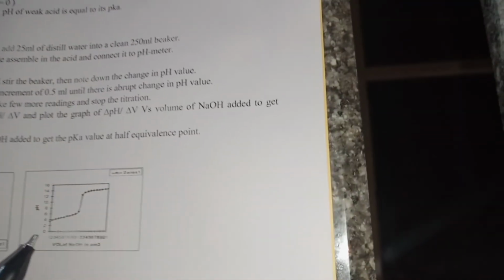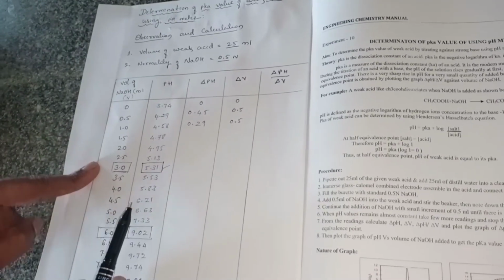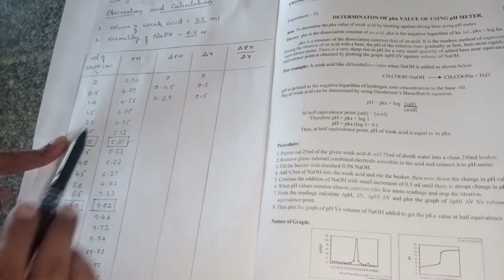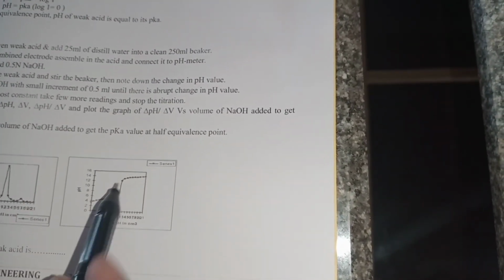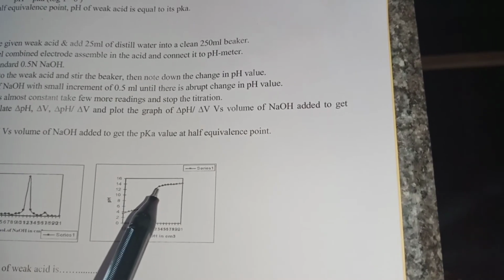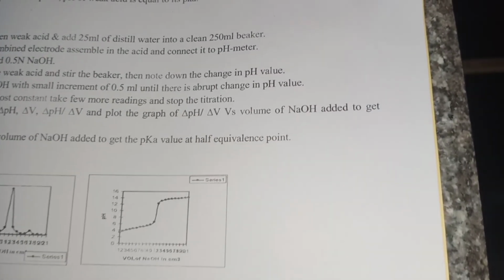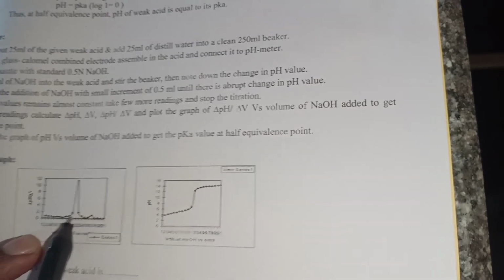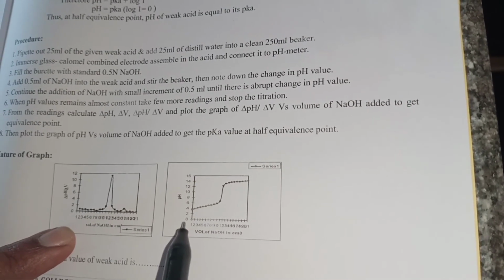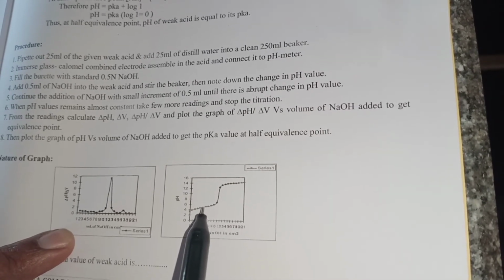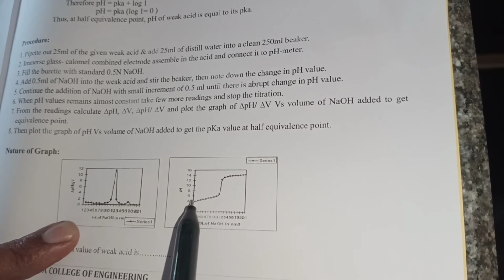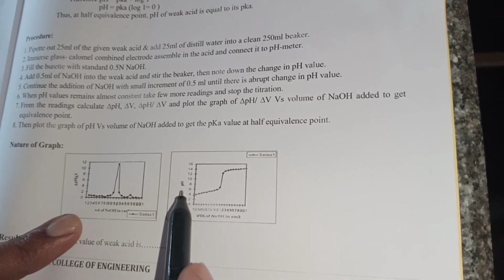In the other graph, we already obtained the pH value by the instrument, and this pH value is taken on the y-axis and volume of NaOH on the x-axis. There you will find an S-shaped curve. Once you know the equivalence point from the first graph, find half of this value on the x-axis, join it to the curve and then towards the y-axis, and you will get a pH value.